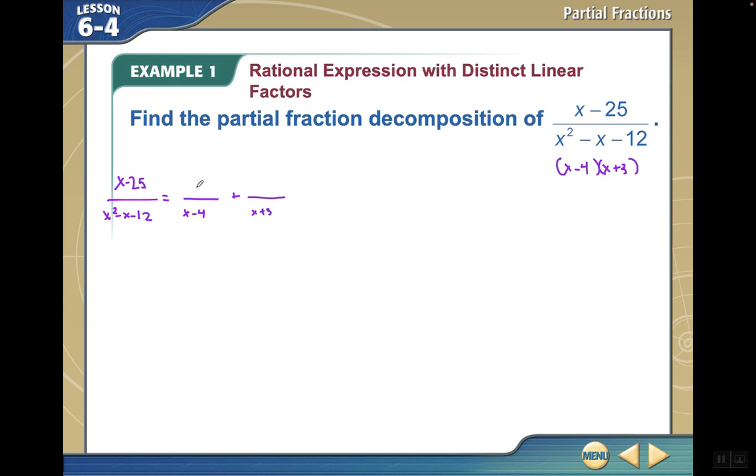Okay. The numerators, we'll just use A and B because capital letters tend to stand for constants, and we're going to have constants in there. So in order to do this, let's pretend we're adding fractions. If we're adding fractions, we have to have the same denominator.